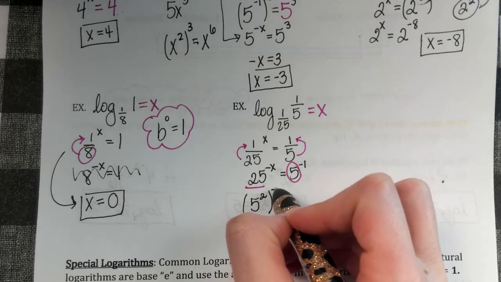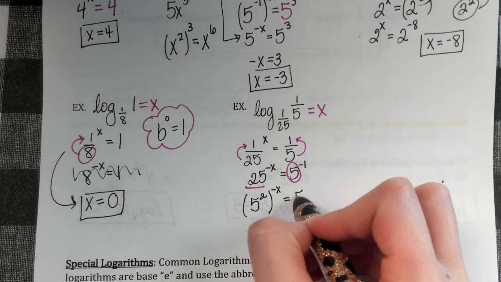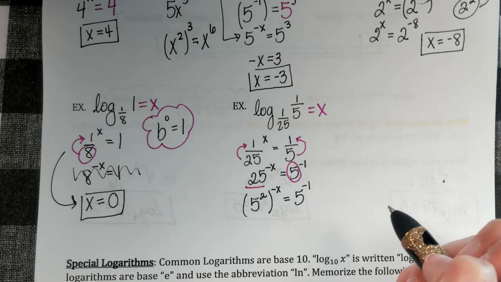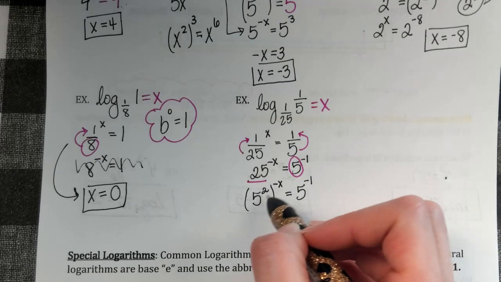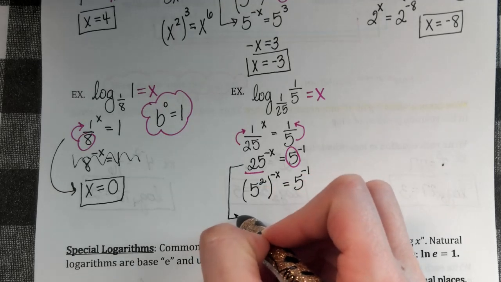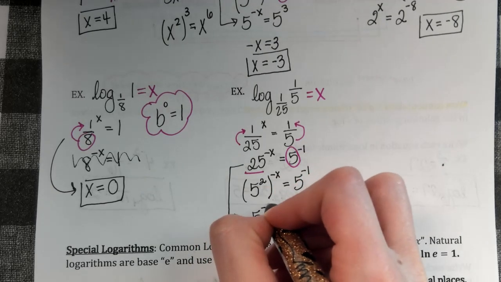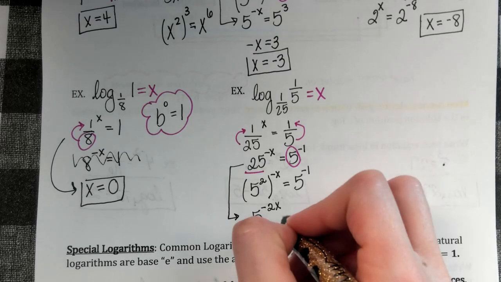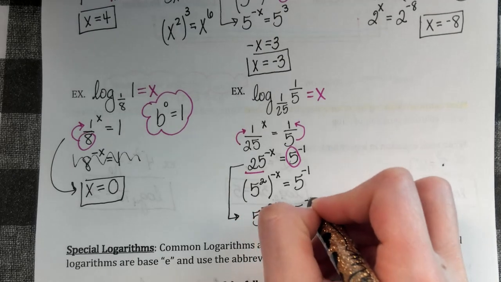And that's raised to the negative x equal to 5 to the negative 1 power. Now again, I'm writing this because these are the notes and I want you to see where it's coming from, but you should be able to go straight from 25 to 5 to the negative 2x power. And that is equal to 5 to the negative 1.